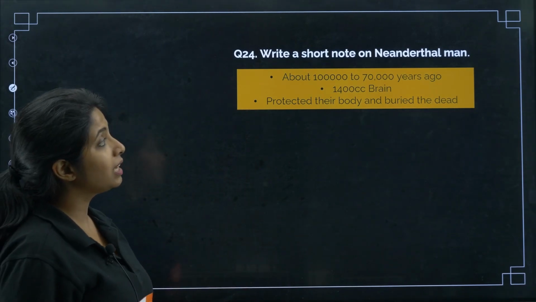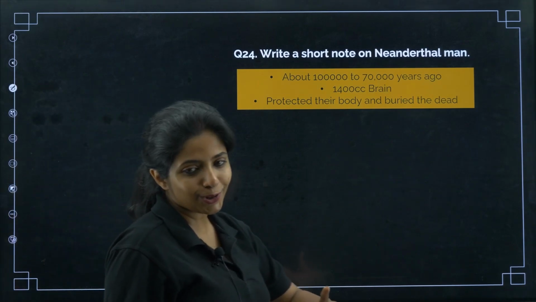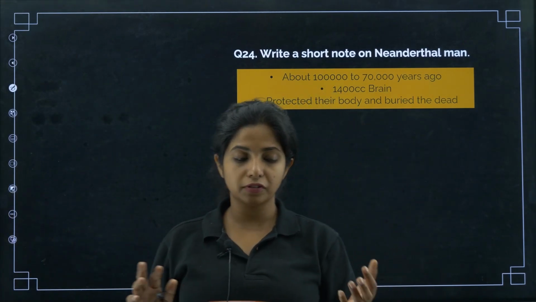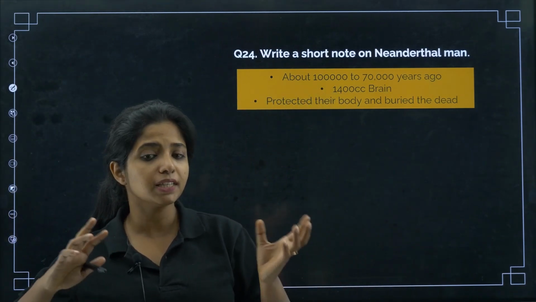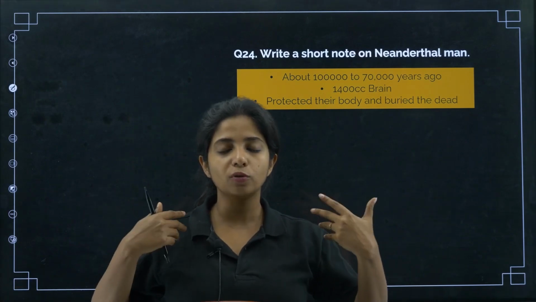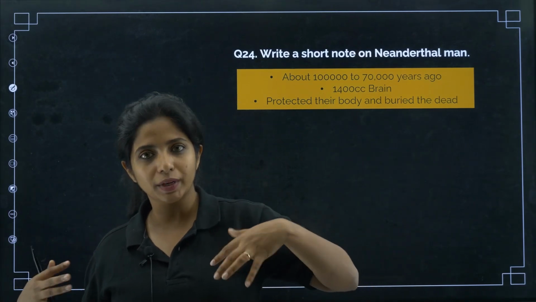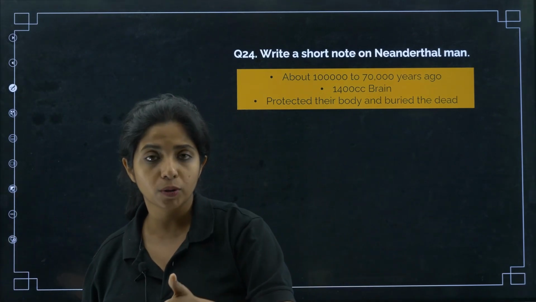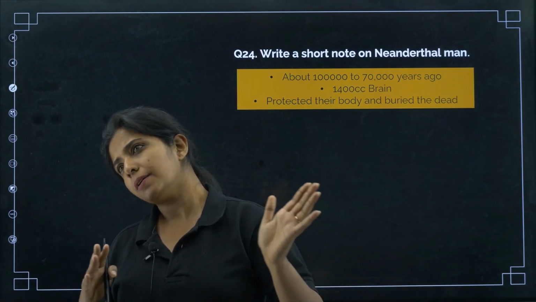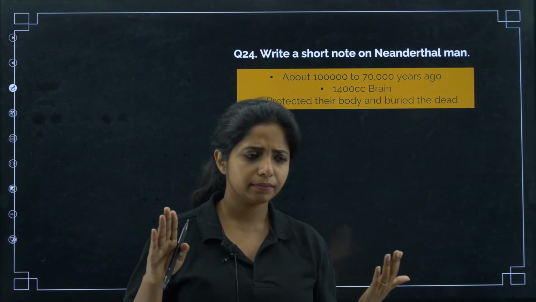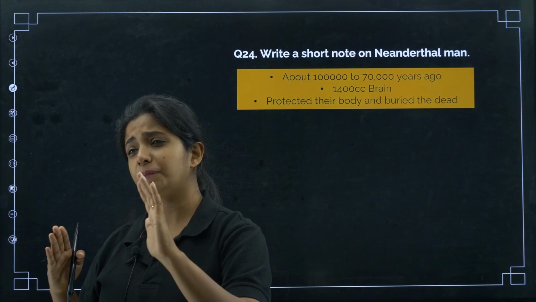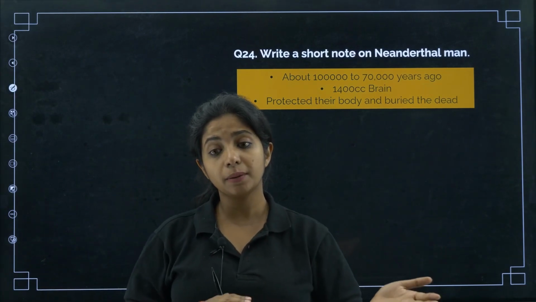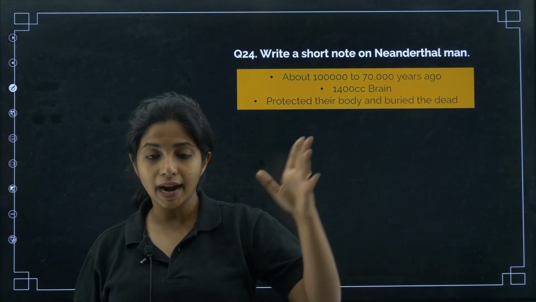Now, write a short note on Neanderthal man. You know how human beings came about? First we had Dryopithecus and Ramapithecus. Dryopithecus were more ape-like and Ramapithecus were more human-like. From them came Australopithecus, from them came Homo habilis, from them came Homo erectus, and from them came Neanderthal man.